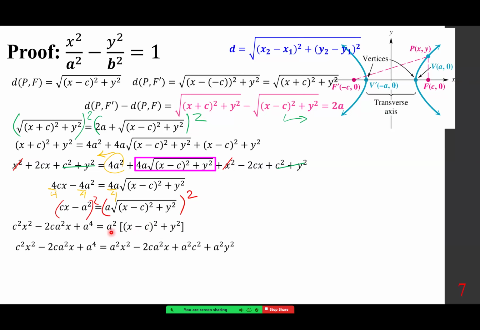And we're going to multiply everything by a squared. So we get a squared x squared minus 2c a squared x. And this was c squared, so a squared c squared. This one is y squared, becomes a squared y squared. And again, we look at both sides. We notice these two are identical, so we can drop them.